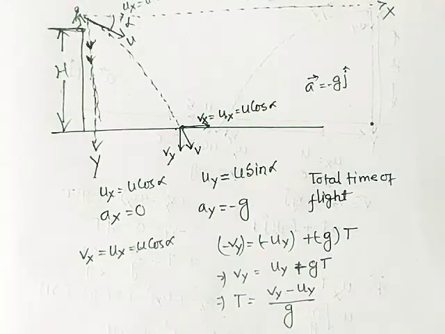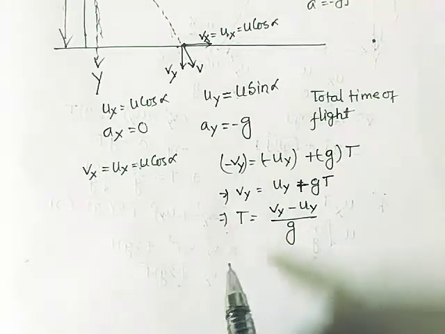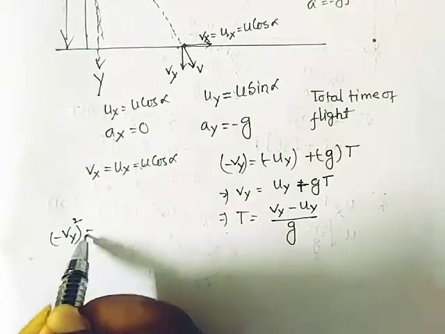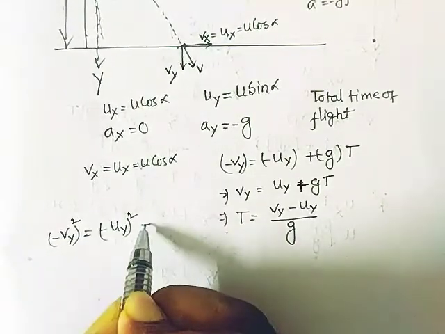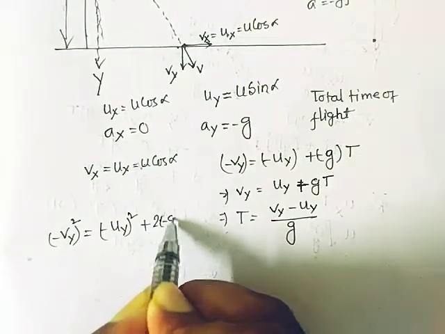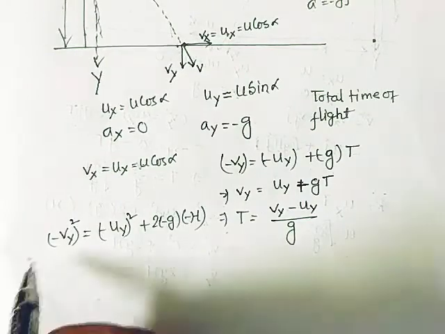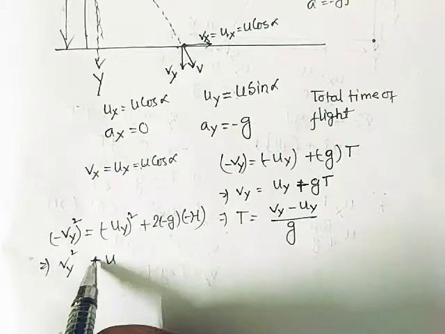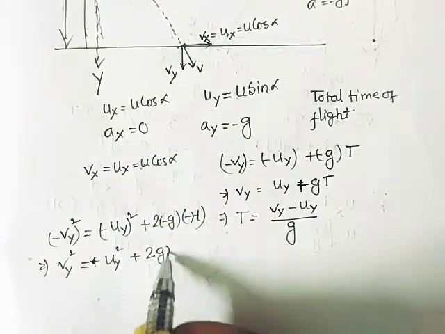So from here we can get the total time of flight, vy minus uy divided by g. The next equation that I am going to apply is v square equal to u square minus 2as. So if I apply this equation, then vy square equal to uy square plus 2gh.